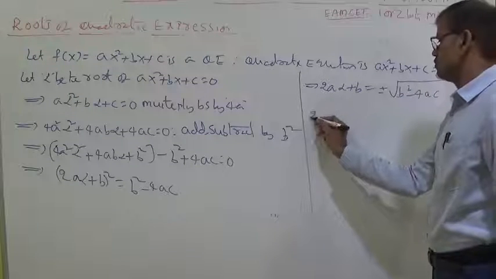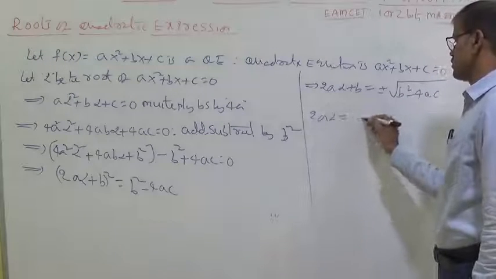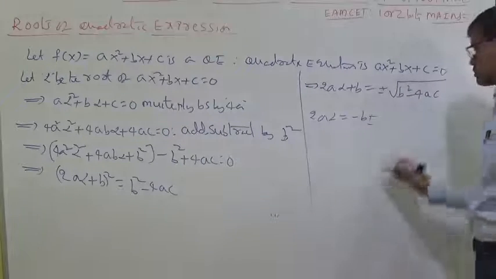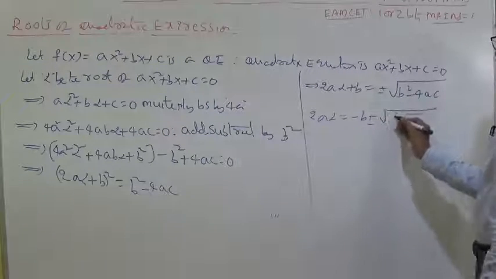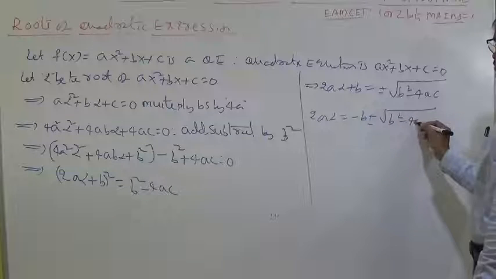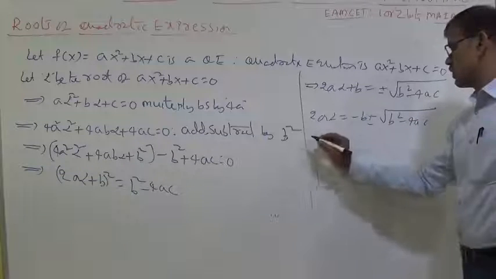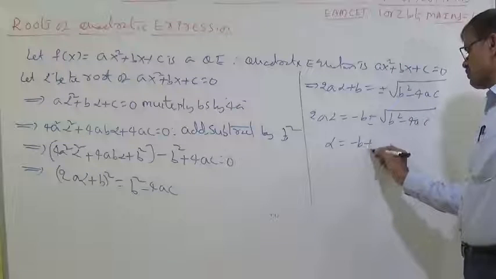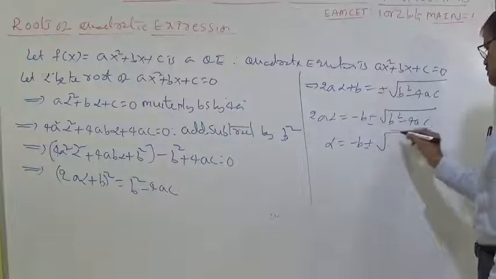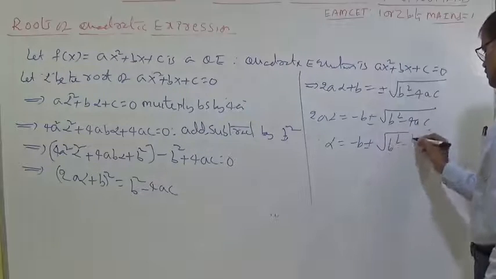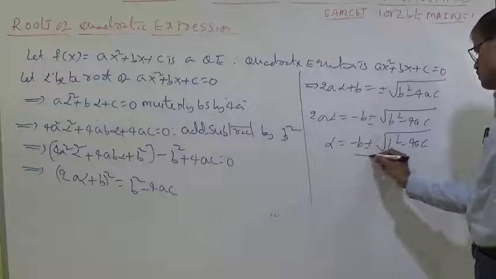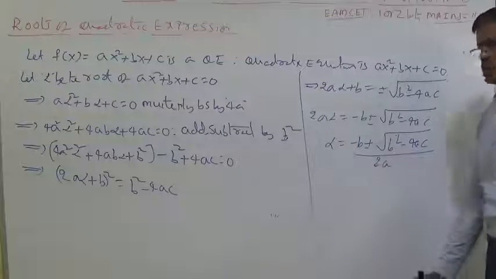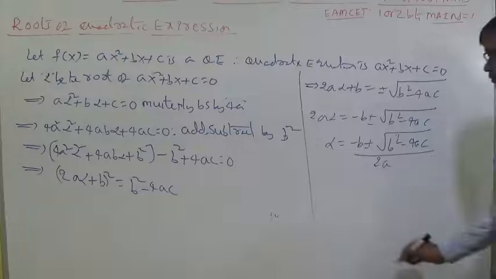Now 2a alpha is equal to minus b plus or minus root of b square minus 4ac, and here you can write alpha is equal to minus b plus or minus root of b square minus 4ac whole by 2a.